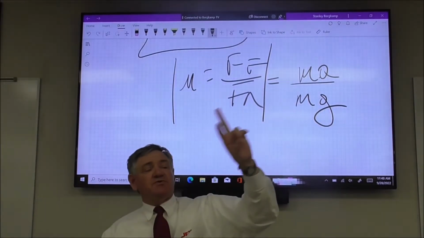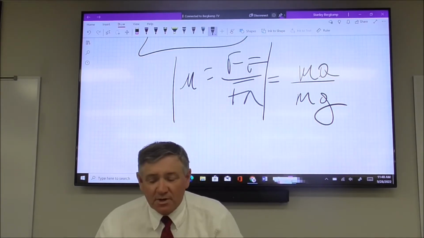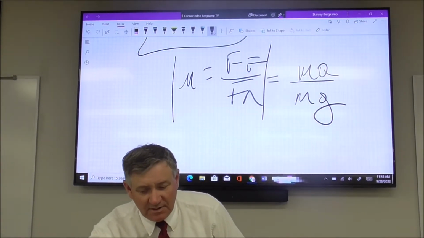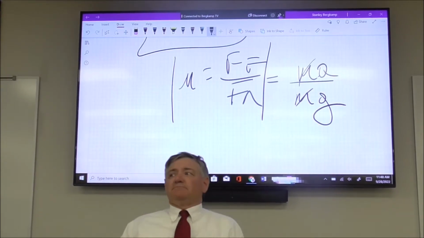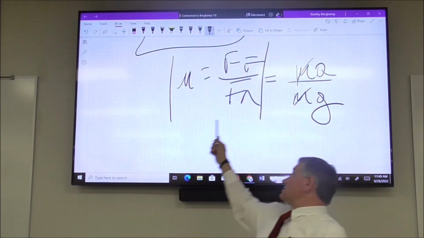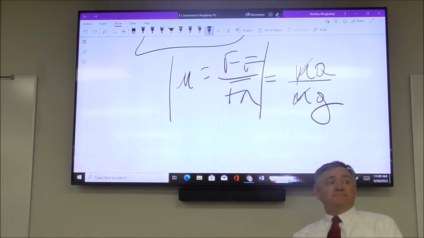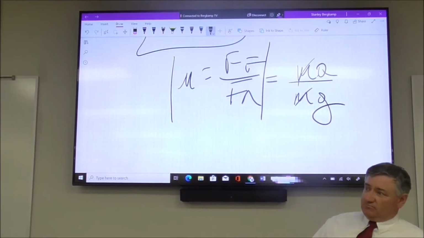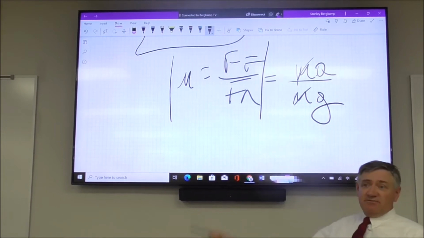So here's the two things that you can do depending upon the voodoo that you want to do. One option is that you can look at this and go, this is why you work with variables, the masses cancel out. It's a ratio of your acceleration. So one option is that you take that acceleration that you found first and divide that by 9.8 meters per second squared. If you don't like multiplying by mass, it's just a ratio of your accelerations.